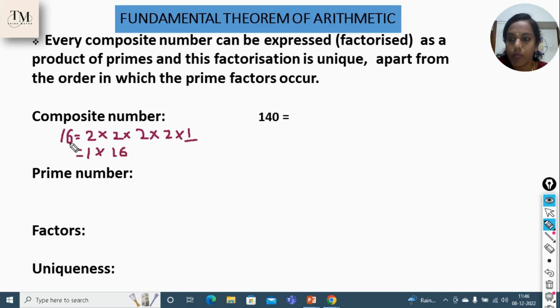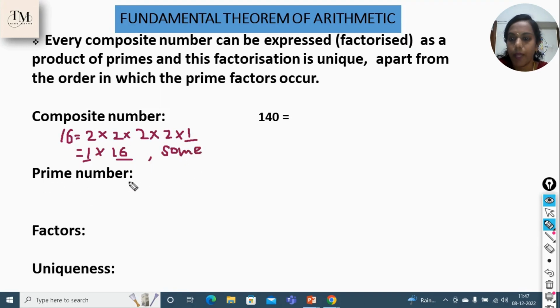So 16 is divisible by 8, 4 and some other numbers. Such numbers are called composite numbers.